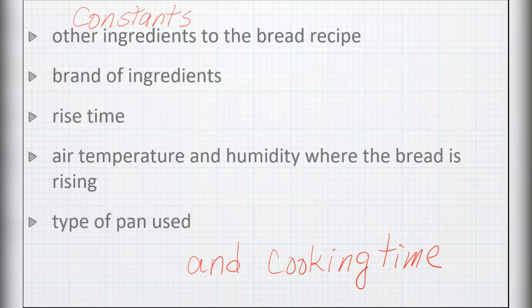Types of pan used, he is not going to change the pans. And the oven is the same oven his grandmother uses. And cooking time. These are constants. Okay, so far so good.